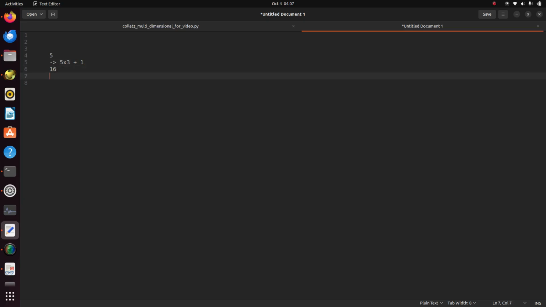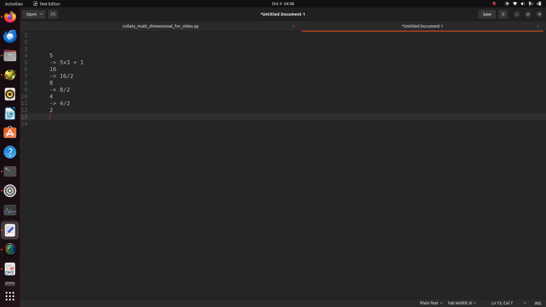And 16 is even, so we divide by 2, that gives us 8. Then 8 is even, so we divide 8 by 2, that gives us 4. Then 4 is even, so we divide by 2, and we get 2.